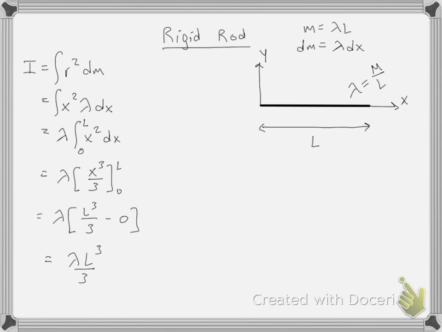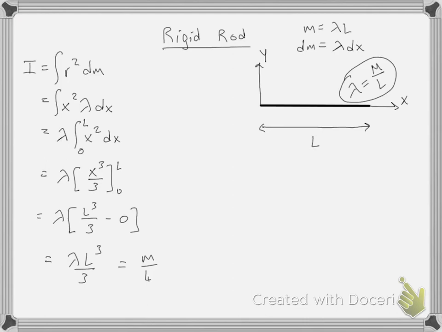We're almost there. Now we can plug in what lambda is equal to. Remember, lambda up here is the mass density. So that is m per L. And this is the total length now, right? This is not x in this case.